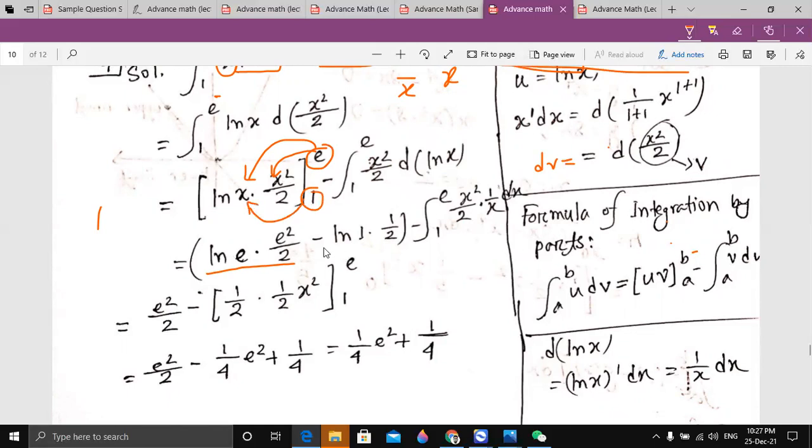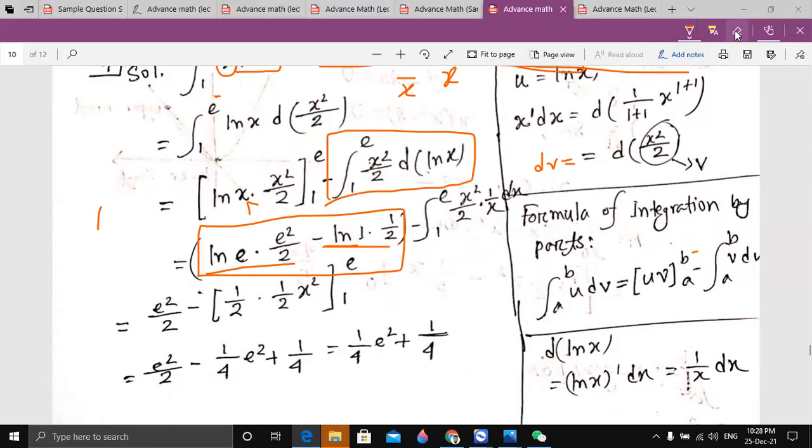So it will become ln 1 into 1 square by 2, that means 1 by 2. So this part is for this part. Guys, do you understand? Yes. Okay. Now minus the integration from 1 to e of x square by 2 d ln x. Now this part, let's calculate this part.